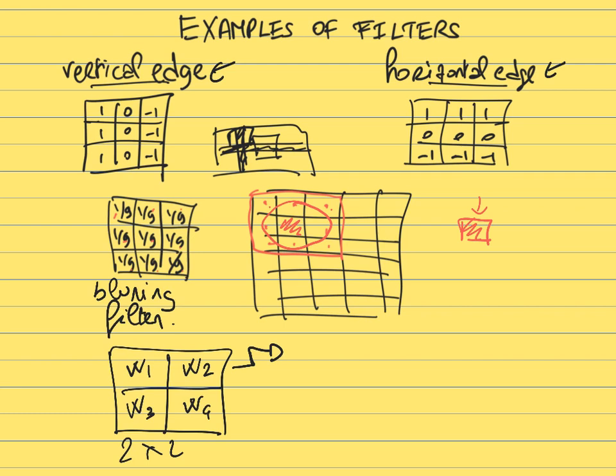Maybe we want to detect some vertical edge, some horizontal edge, but that's not going to be enough to detect if there is a cat in the picture. We need to be able to detect more complex patterns. And the way to detect those patterns is to let the model come up on its own with the best possible features that are going to detect the most relevant patterns to detect whether there is a cat or not.